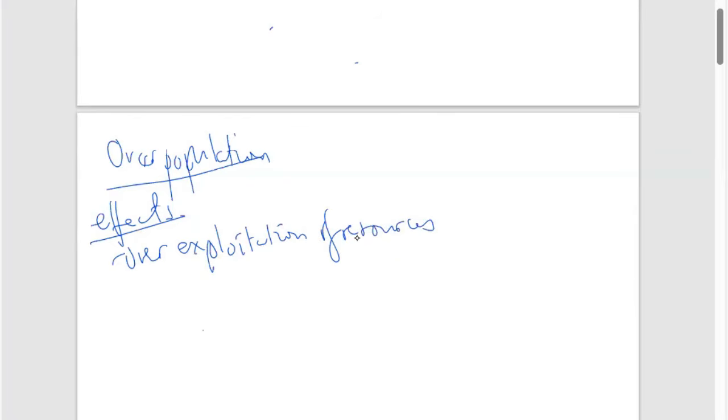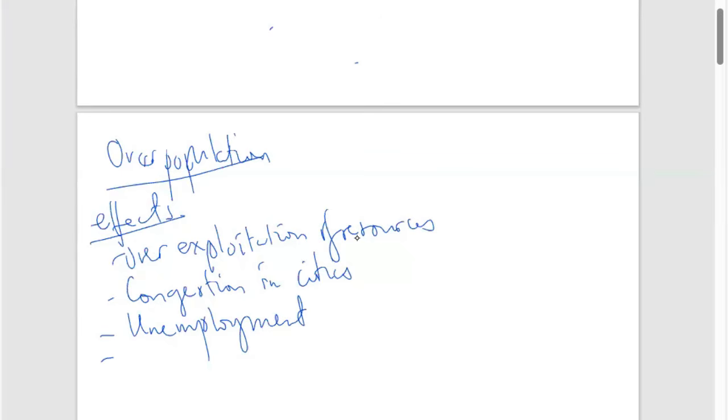Resources are overexploited. And also, you can look at problems like congestion in cities. You can also look at aspects like high unemployment. Because there are too many people, the economy cannot grow at the same rate as the population such that it can provide enough jobs for the people.